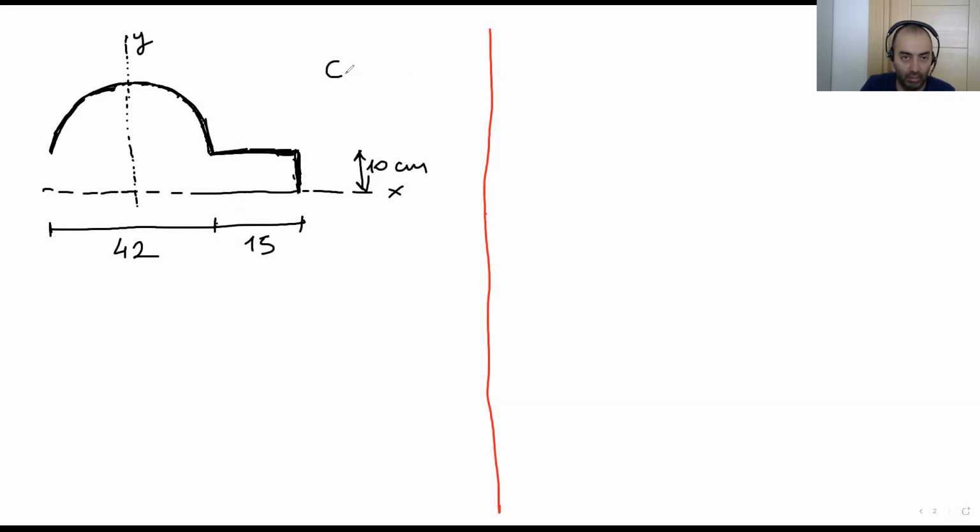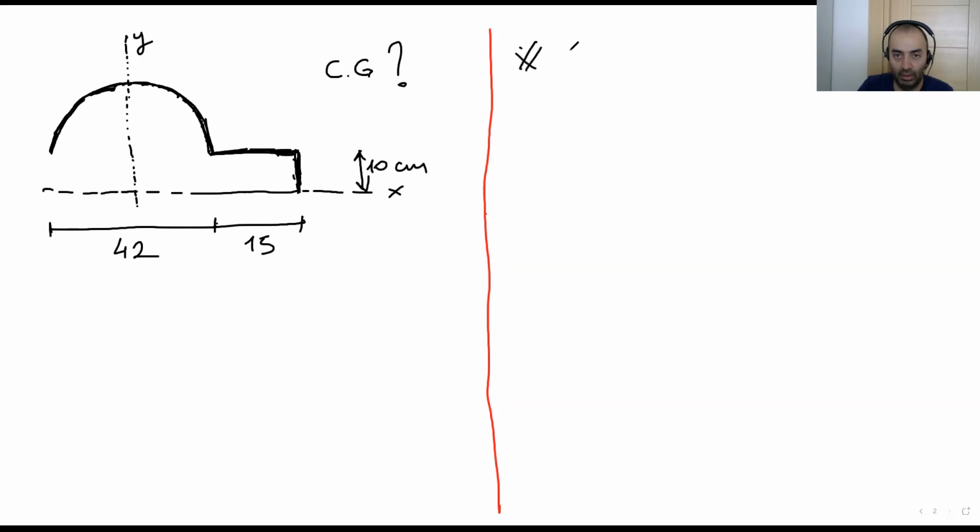The question is, again, center of gravity point or centroid point. Here we have a half circle, a horizontal line, and a vertical line. This is not an area. This is a wire, a one-dimensional shape. So we will apply the same method for this one.